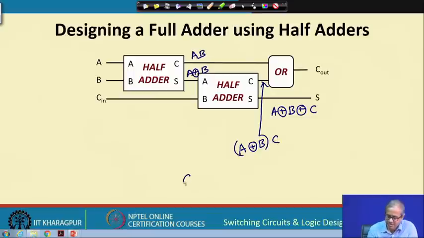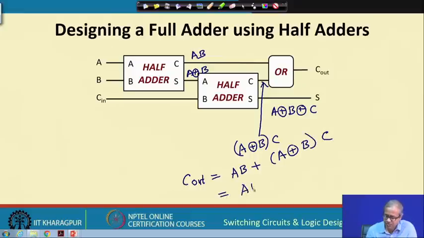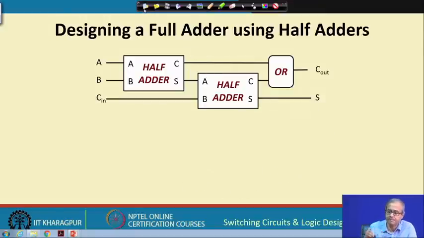So, the carry out that we generate finally, this will be OR of these two, OR of A B and this. And I leave it as an exercise for you to verify that this is actually equal to A B or B C or A C. Okay. So, if you have half adders as the building blocks, you can also design a full adder using that. Okay. Fine.